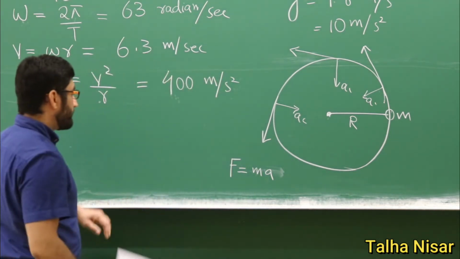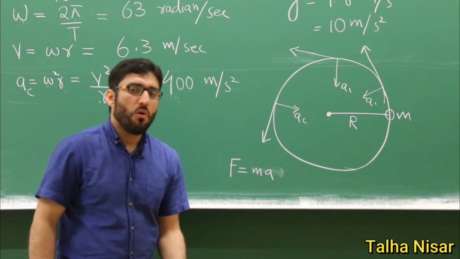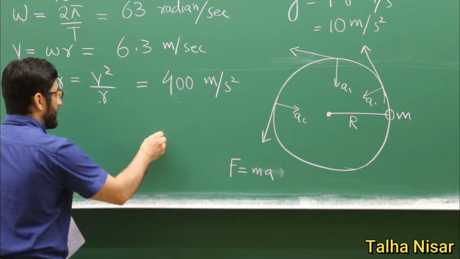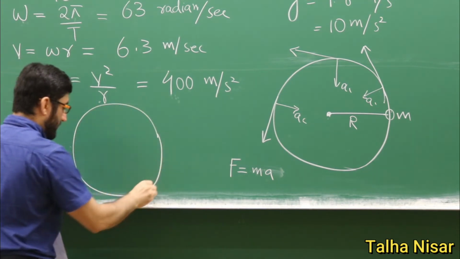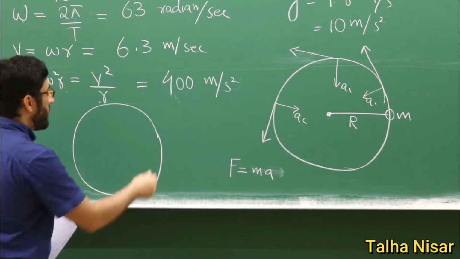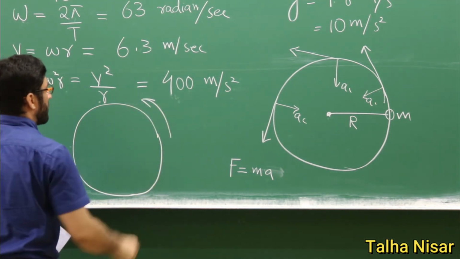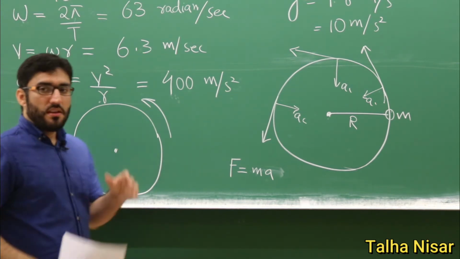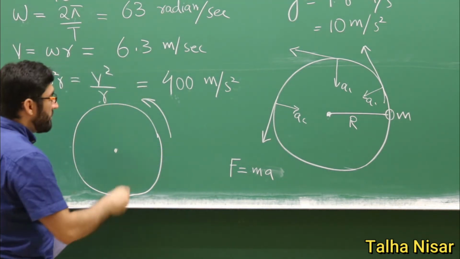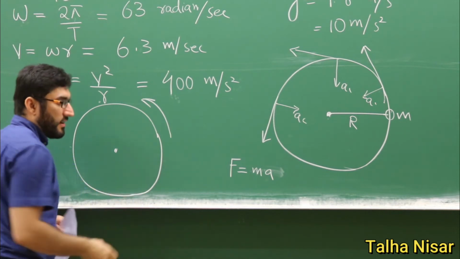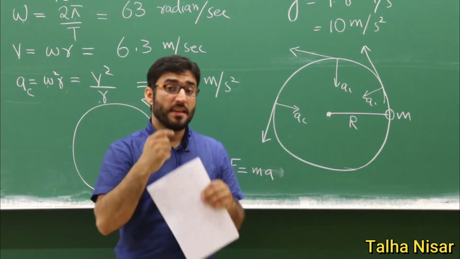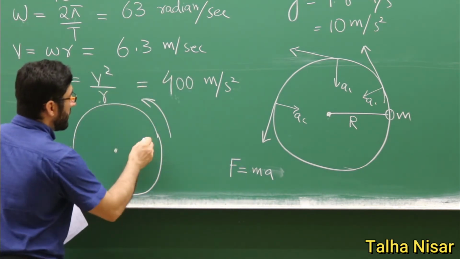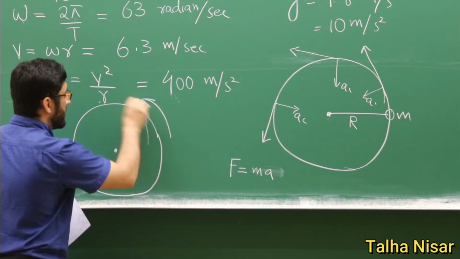So to give you some idea of how there is a force if something is moving in a circular path, imagine there is a table that is moving with some angular speed. This is the center, and you are sitting on the table. If the table is spinning and there is nothing you are holding, you will feel a force and move away from the center.